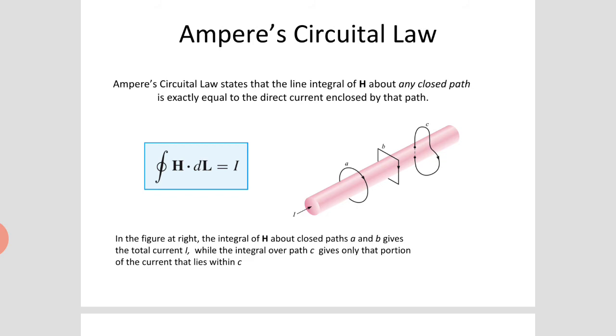That is, the closed integral of H dot dl is equal to I. In the figure at the right, the integral of H about the closed paths A and B gives the total current I. The integration over path C gives only that portion of current that lies within C, because that path is not closed.